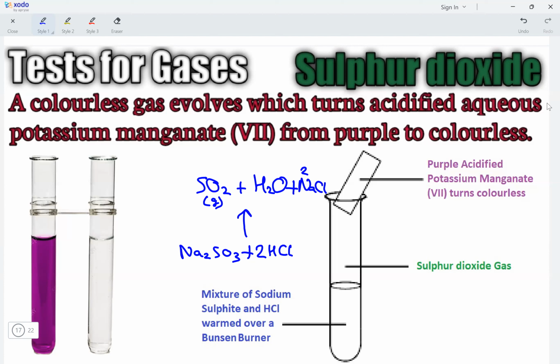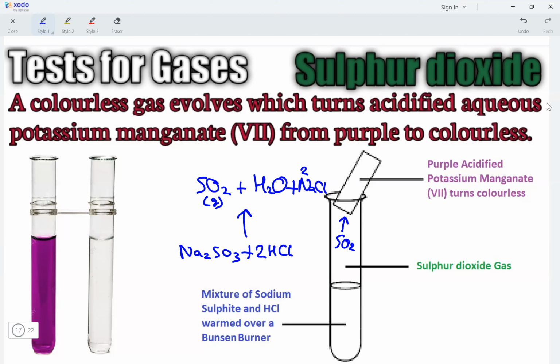Now, this sulfur dioxide gas, which is liberated, when it touches the damp paper which has acidified potassium manganate absorbed onto it, it converts it into a colorless solution, or rather the paper turns colorless, the purple color discharges.